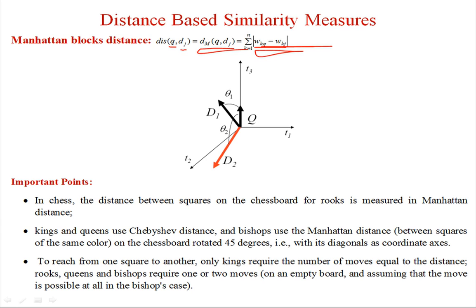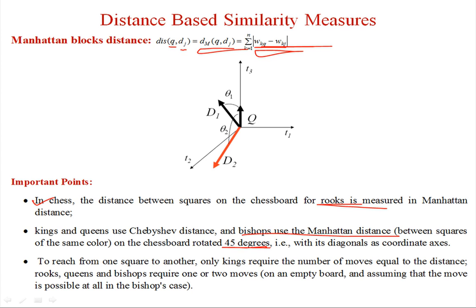Important points: in chess, the distance between squares on the chessboard for rooks is measured as Manhattan distance, for kings and queens by Chebyshev distance, and bishops use Manhattan distance between squares of the same color on the chessboard rotated 45 degrees with its diagonals as coordinate axes.